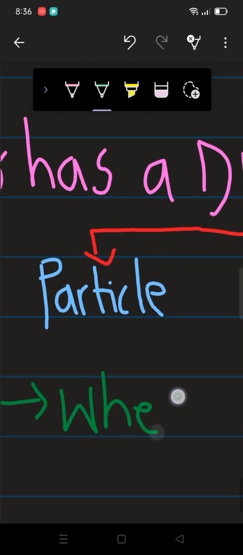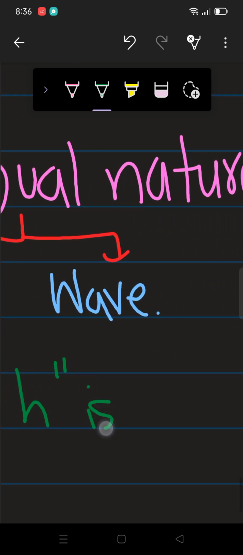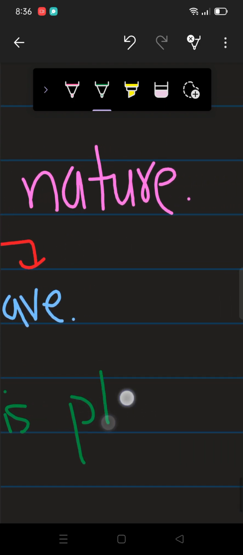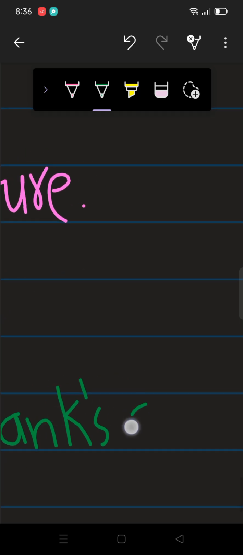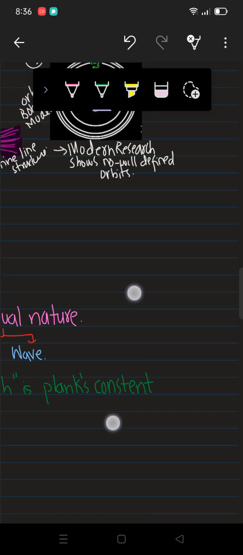Where h is Planck's constant, whose value is equal to 6.62 into 10 to the power minus 34 joule second, right?